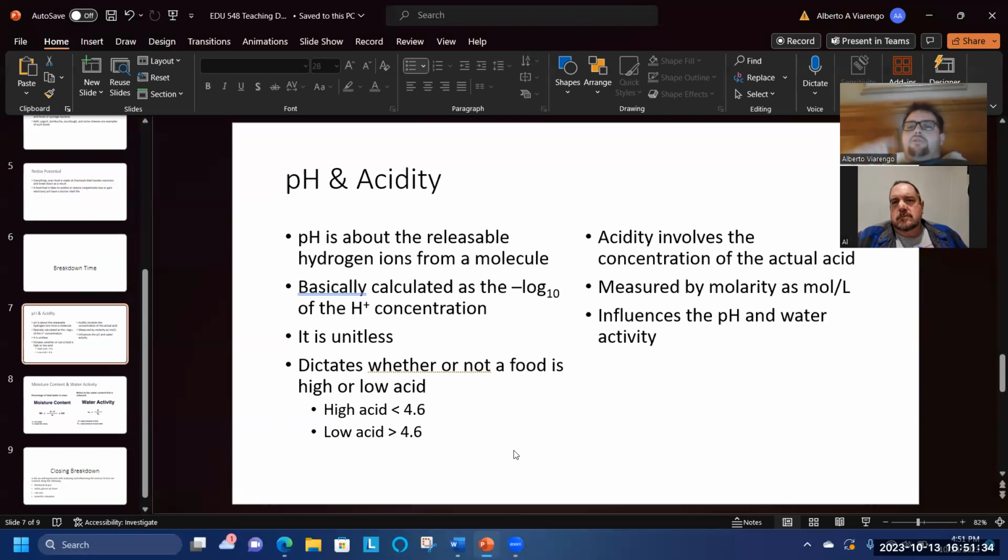However, not all hydrogens on a molecule can be released as such, even on some acids. As a result, pH does not necessarily measure full-on acid content. It basically measures all the hydrogen ions present that are loose in a solution. All right?